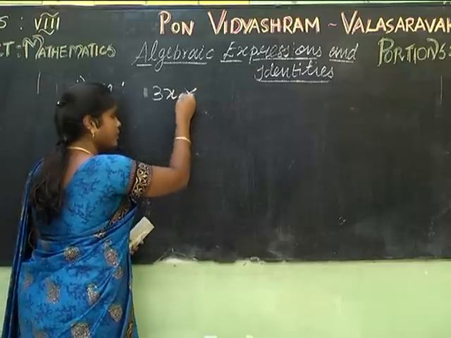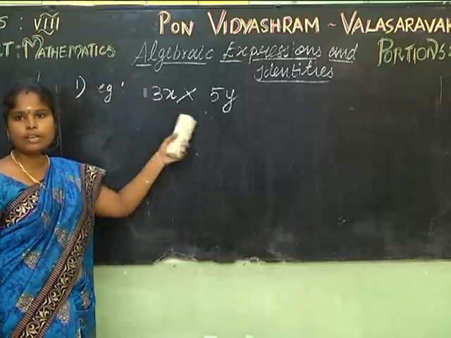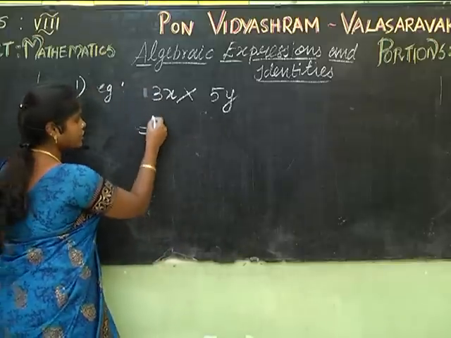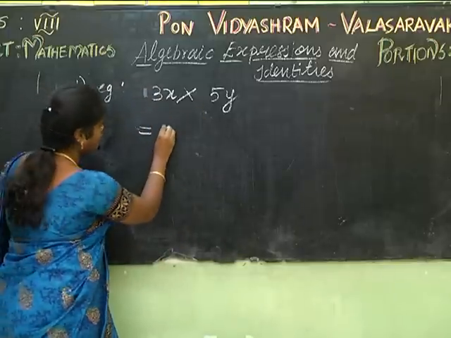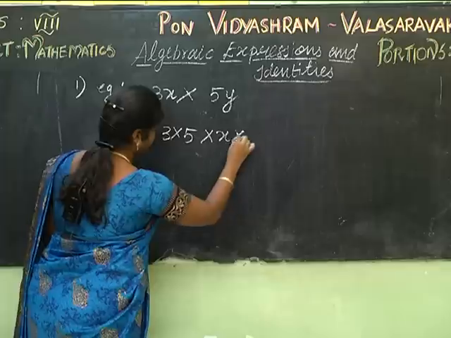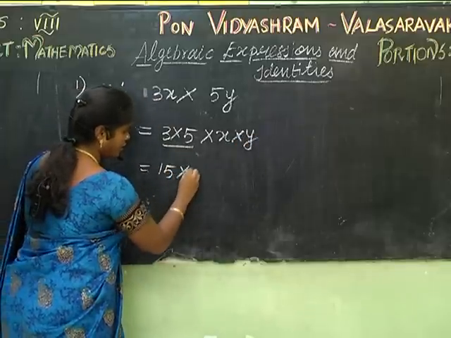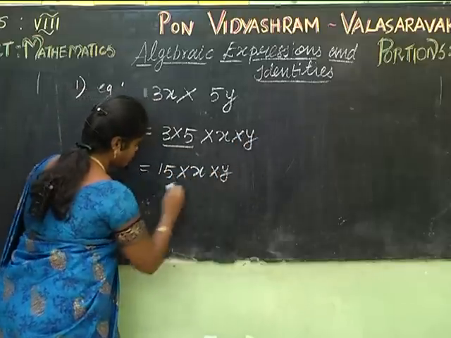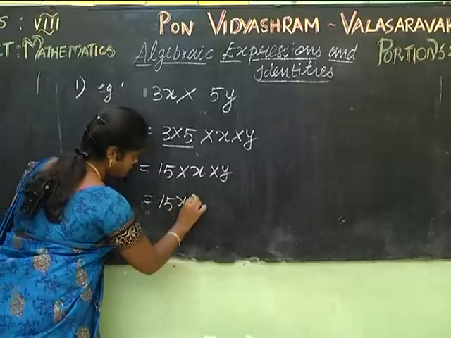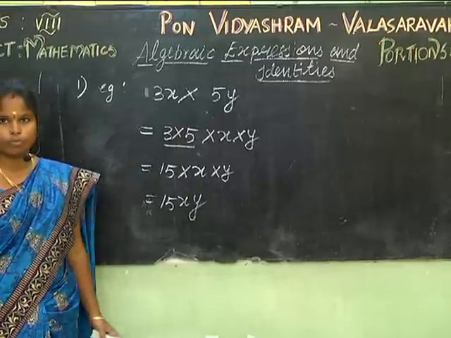I am going to multiply it with another monomial. First multiply the numerals, 3 into 5, then the variables. So 3 fives are 15 into x into y, 15xy. So this is the example for a monomial by a monomial.